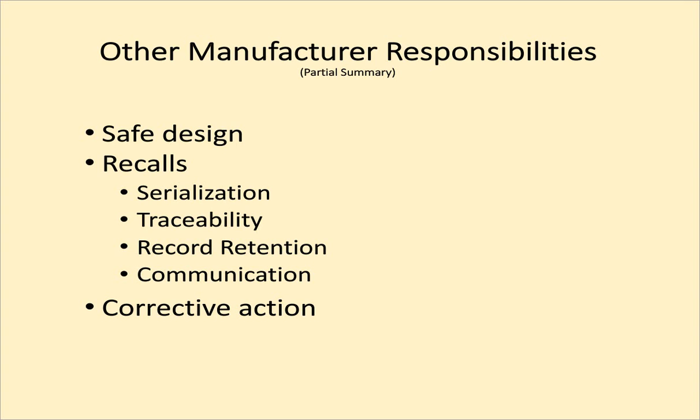Communication of recall notices to the end product user, the dealer, and the distributor is also very important. And corrective action, effective corrective action, I should say, is of critical importance. You'll find that problems occur, recalls occur, corrective action is not done properly, and it results in further recalls and further issues. And I'll talk more about how to conduct corrective action properly.